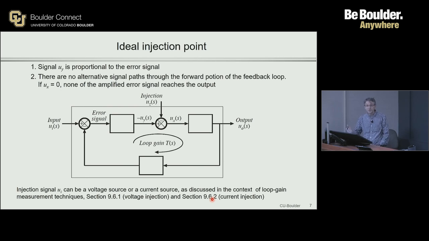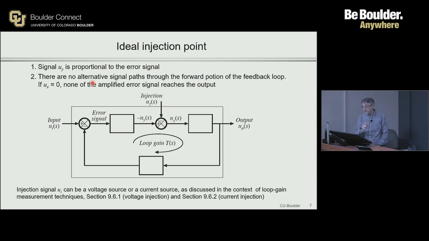That's going to be the case in the application of the feedback theorem as well. The way we put that in a more general form is to call this uz, right? So uz is, in a generic sense, an injection signal that could be a voltage type or a current type. Right.